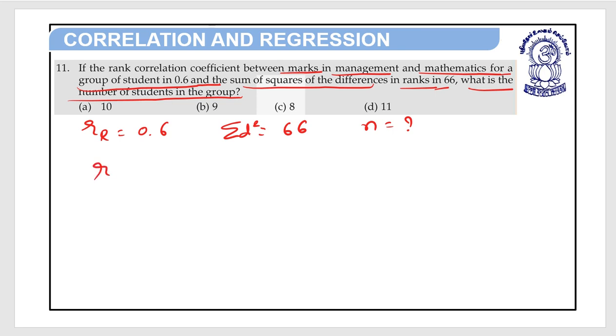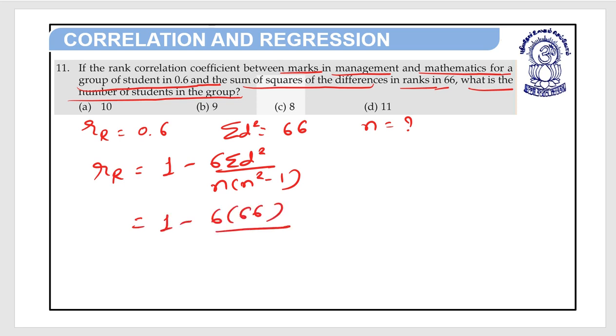So take the same formula. RR is equal to 1 minus 6 sigma d square upon n into n square minus 1. We have to find out n.